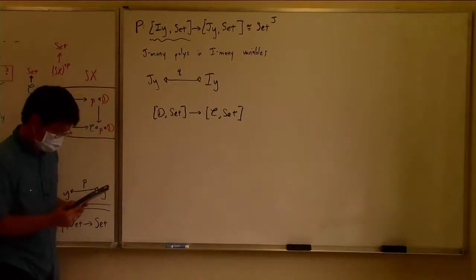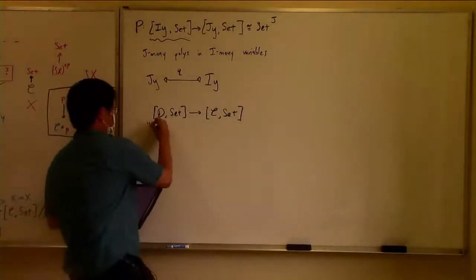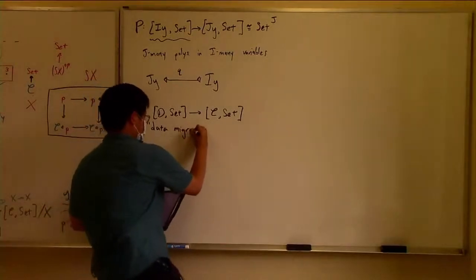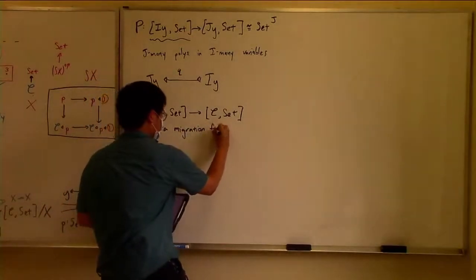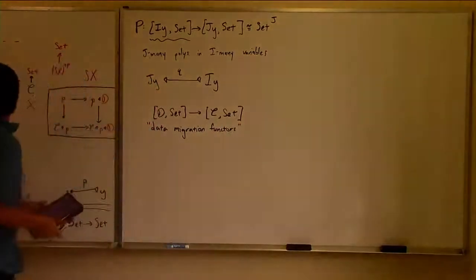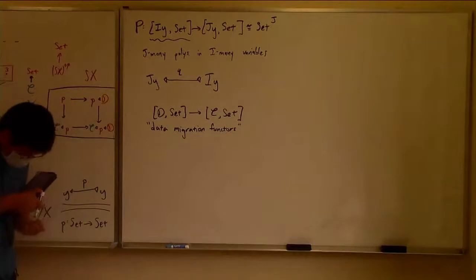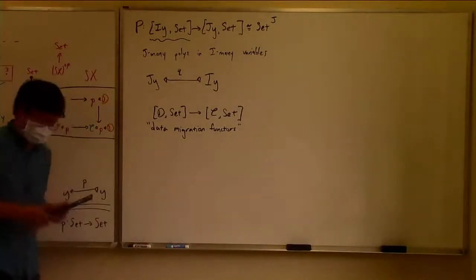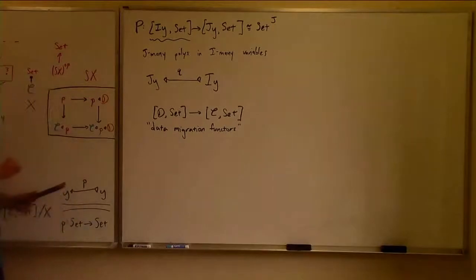But we can call these parametric right adjoints data migration functors. And so it turns out that CD bicomodules are exactly these data migration functors. Okay, you can get some water. Let me know if you have any questions.